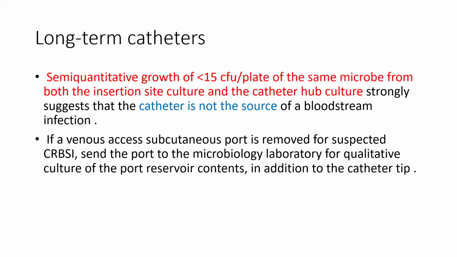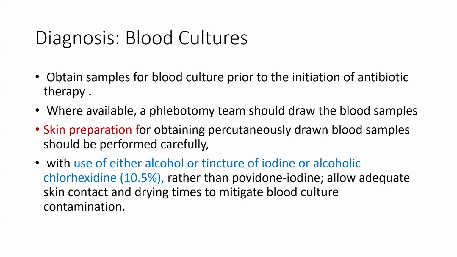For long-term catheters, semi-quantitative growth of less than 15 colony forming units per plate of the same microbe from both the insertion site culture and catheter hub culture strongly suggests that the catheter is not the source of bloodstream infection. If a venous access subcutaneous port is removed for suspected CRBSI, send the port to the microbiology lab for quantitative culture of the port reservoir content in addition to the catheter tip.